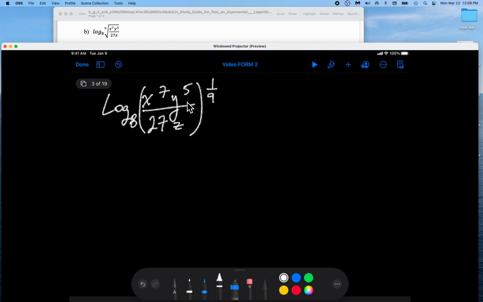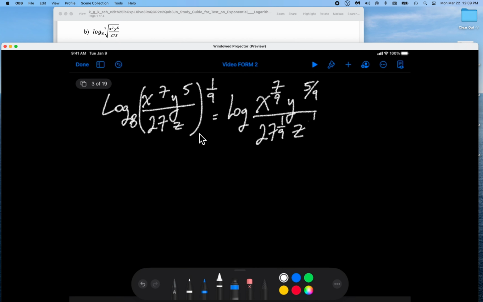So each of these are going to get subjected to the 1/9 exponent. Okay, immediately I'm suspicious that I'm going to be able to do something with that in terms of evaluating it.